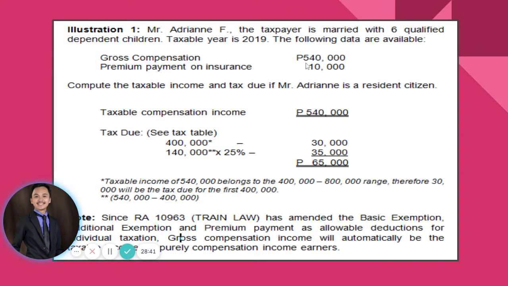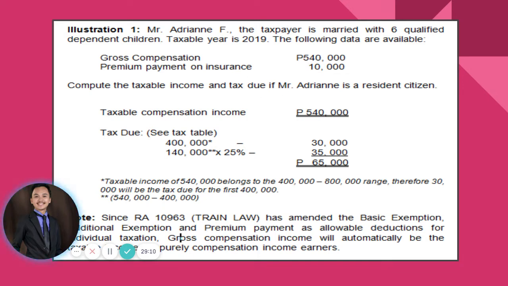So we assume that this 540,000 is already net of your non-taxable deductions. Compute for the taxable income and tax due if Adrian is a resident citizen. So again, the rule: if the taxpayer is a resident citizen, it means the taxpayer is taxable on income earned within and without the Philippines. But here, there is only one source of income, so we assume it is within the Philippines.